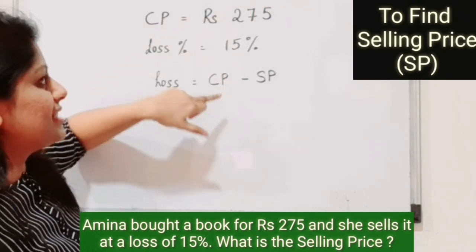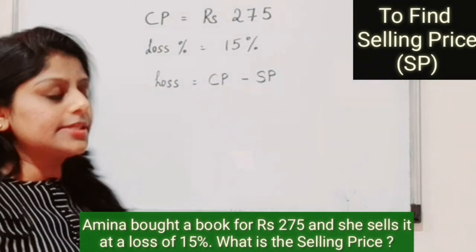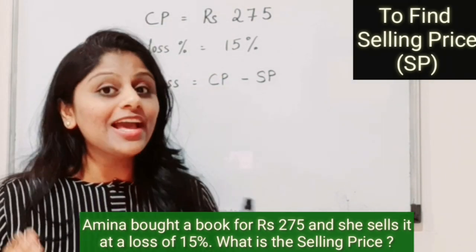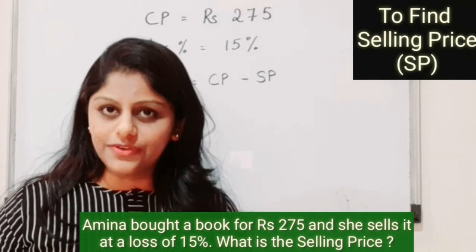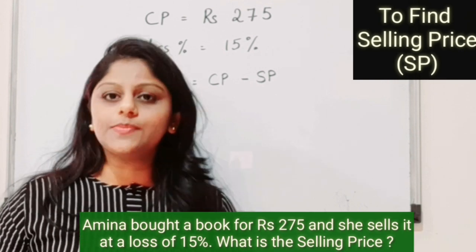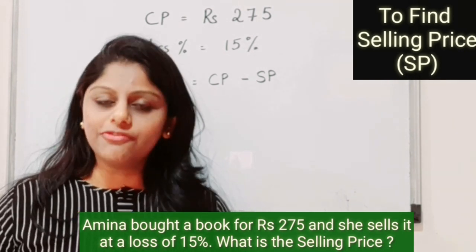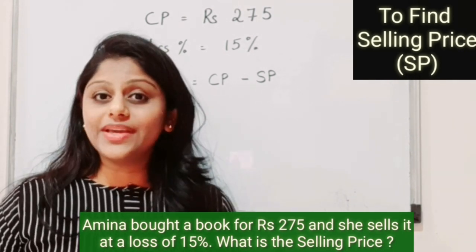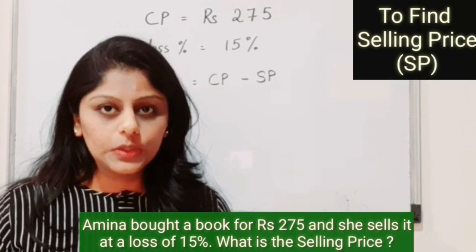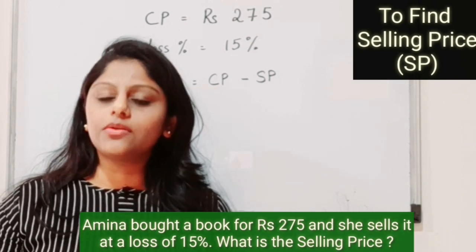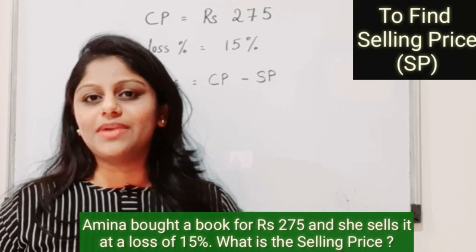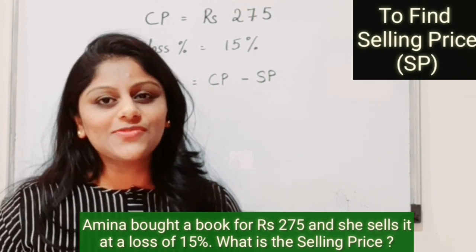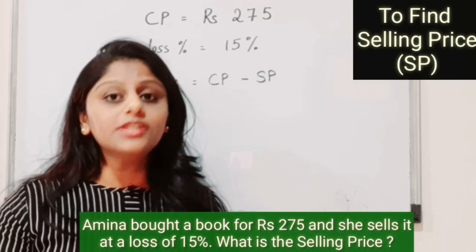CP we can substitute, but loss percentage is given, so we have to find the loss out of that. Always remember, whenever you have to find loss out of loss percentage or profit out of profit percentage, you have to always compare the value with the cost price, because we will know whether it is a loss or a profit only when we compare it with the original price for which that particular item was bought.